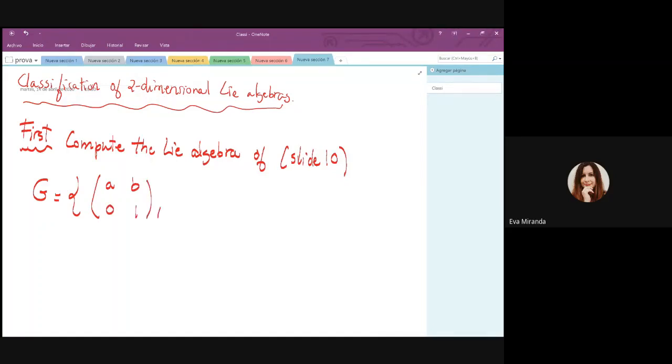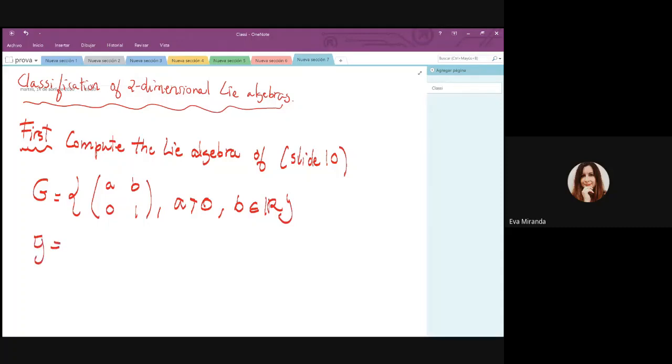And here a is positive and b is any real number. First things first, what is the Lie algebra?